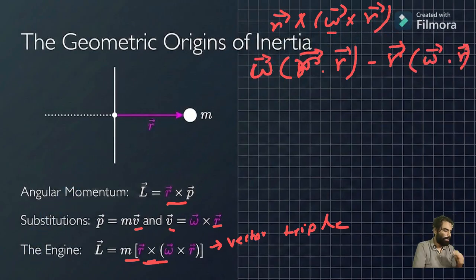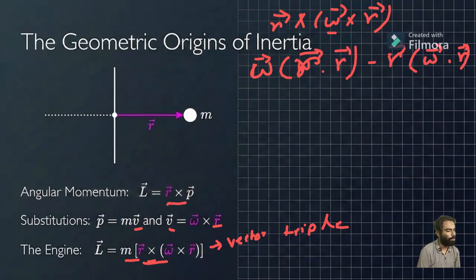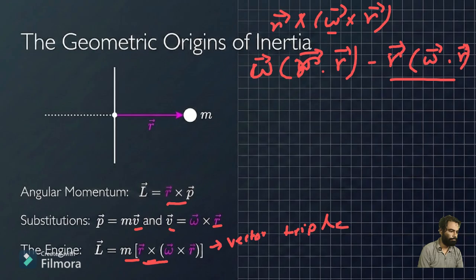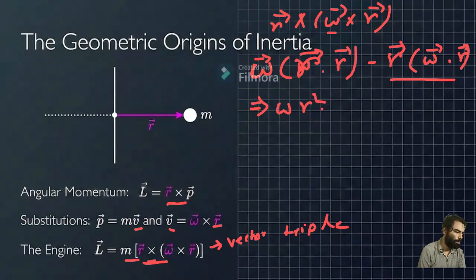Now one thing you can see is that omega and R are orthogonal to each other, and the dot product of two orthogonal vectors gives you 0. In our previous lecture we have seen this, so this part will be 0, and only the remainder part will be omega R square.